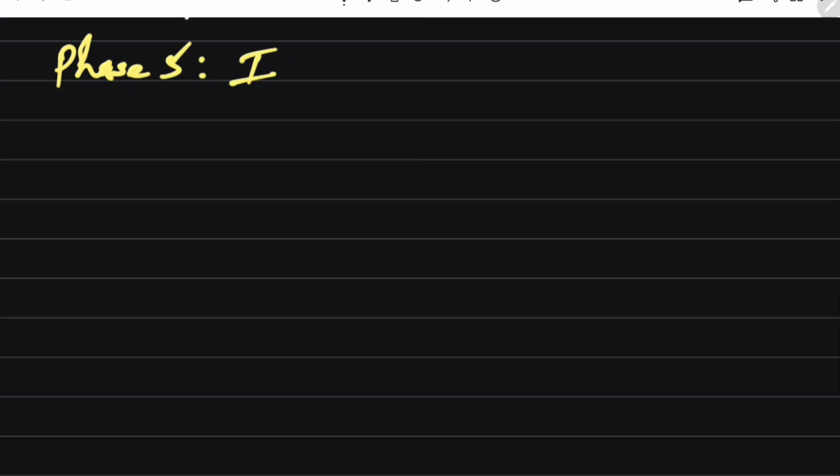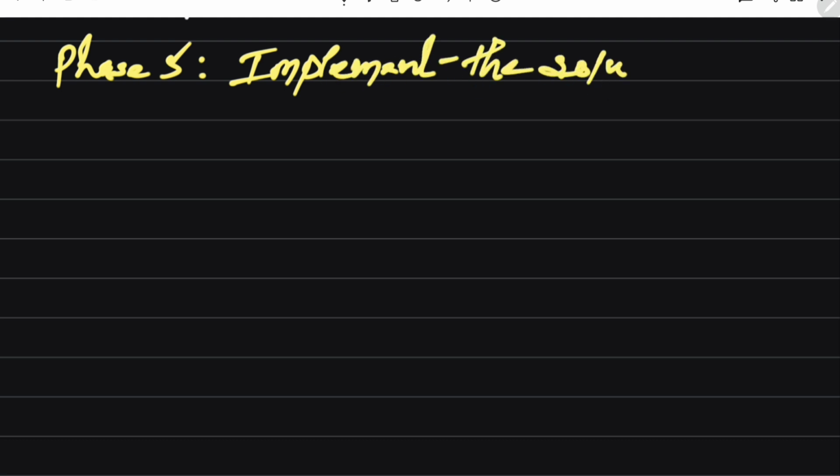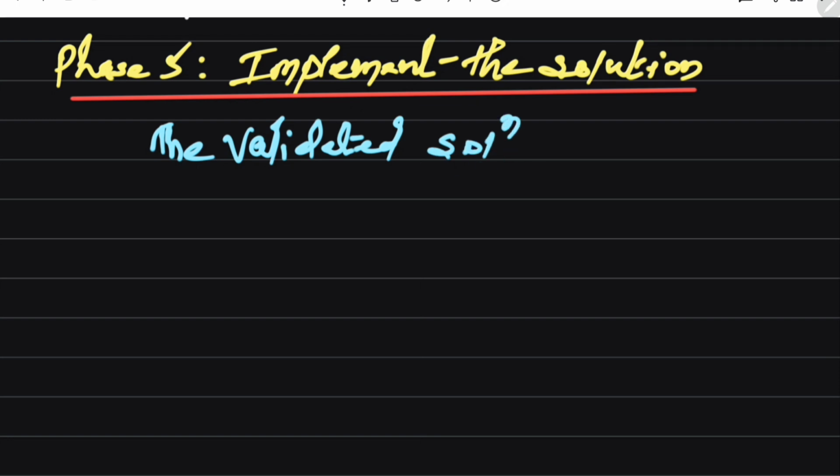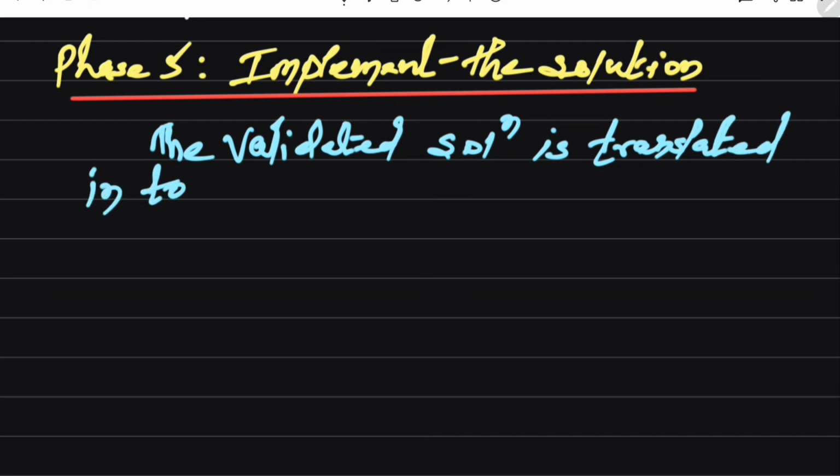Phase number 5, implementing the solution. Under this phase, the validated solution is translated into operational procedure and put into actual use in that industry or business.